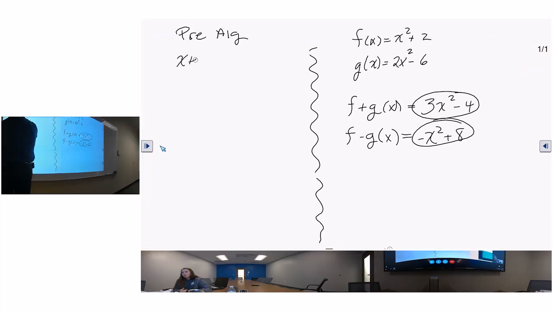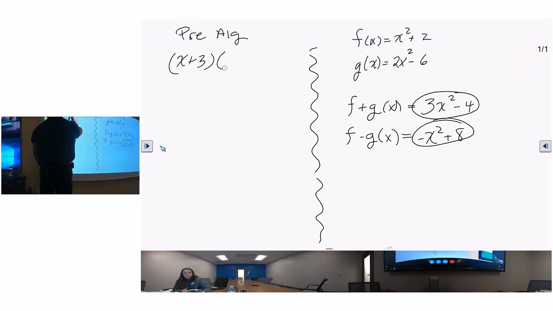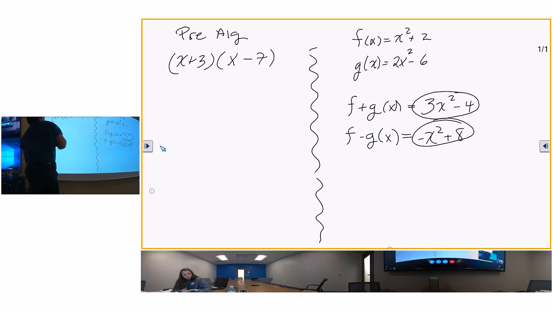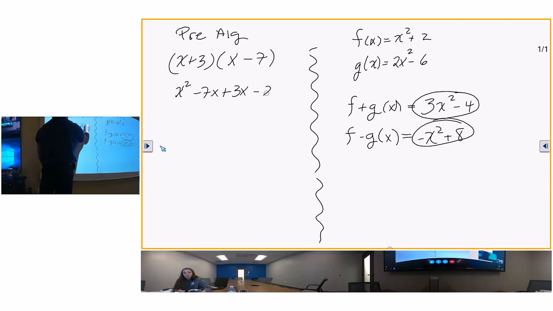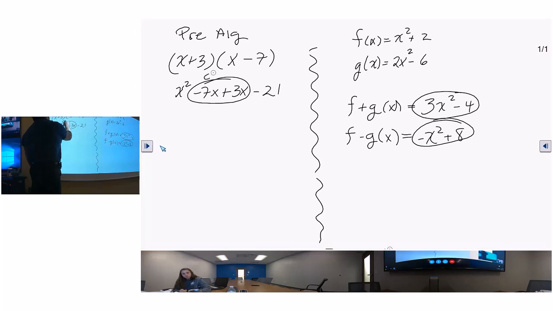X plus 3 times x minus 7. And you use the distributive law or the FOIL method, whichever one. And you did x squared minus 7x plus 3x minus 21. And always after you distribute, you usually combine like terms.